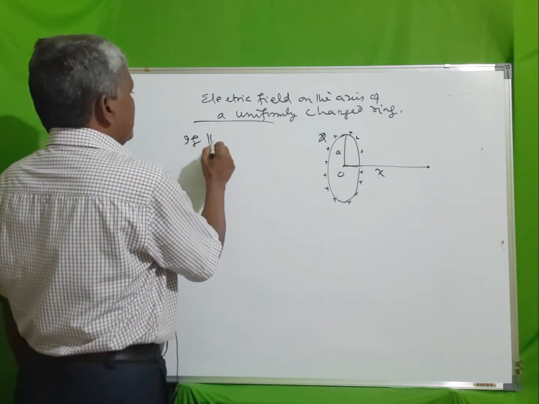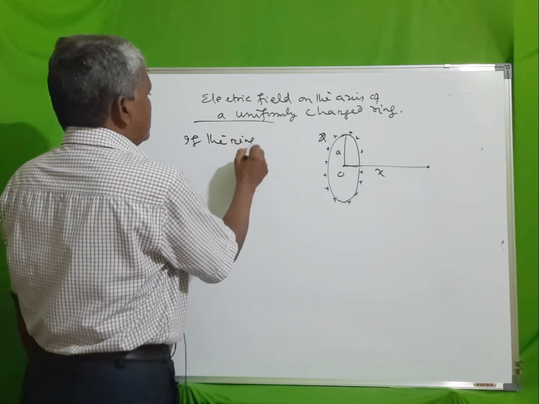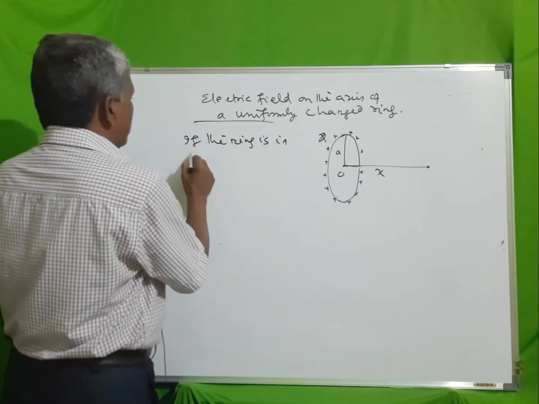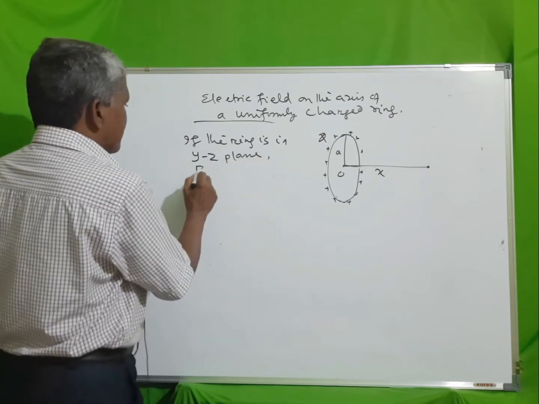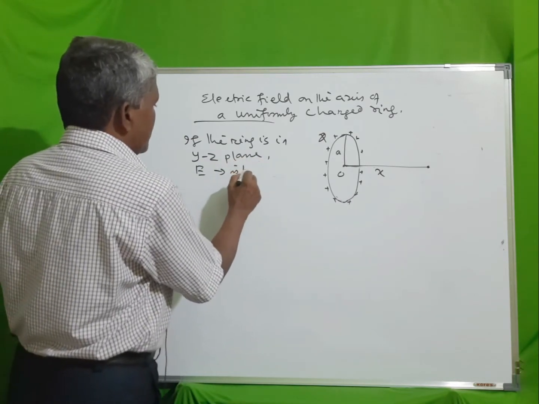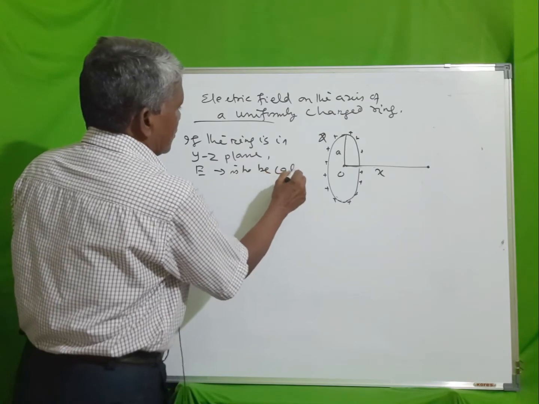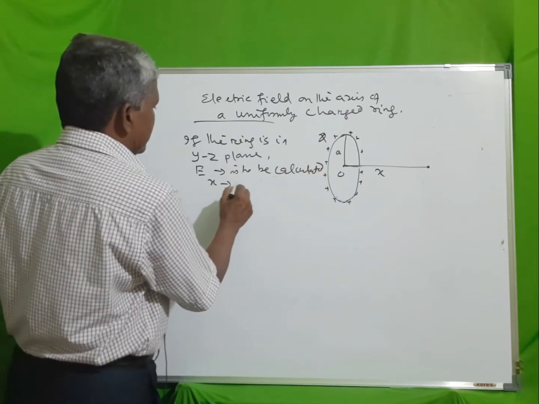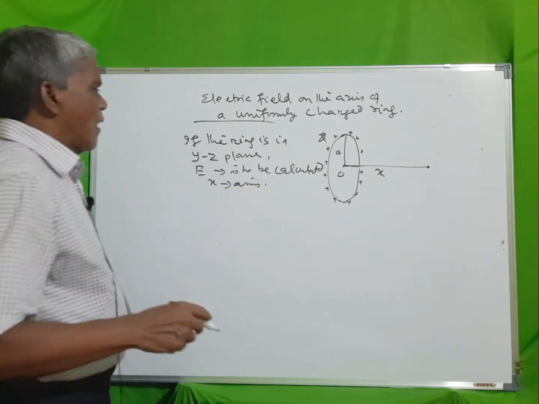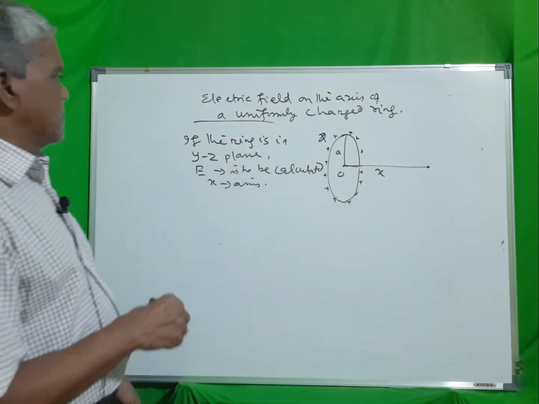If the ring is in the yz plane, then the electric field is to be calculated along the x-axis. Here we have taken the positive x-axis.